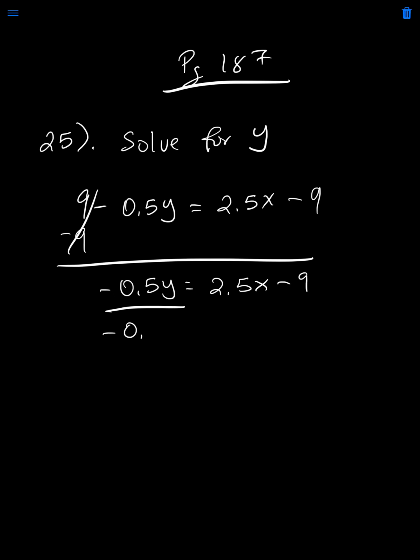To get y by itself, I'm going to subtract 9 on both sides. So I have negative 0.5y is equal to 2.5x minus 9. I'm going to divide by 0.5.